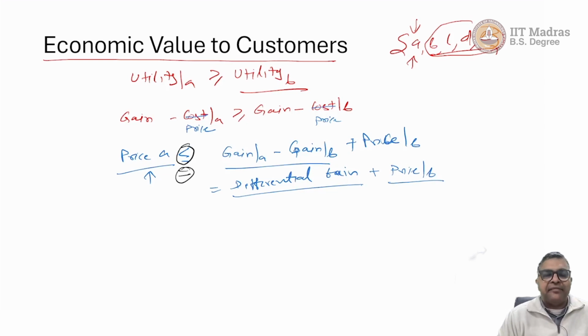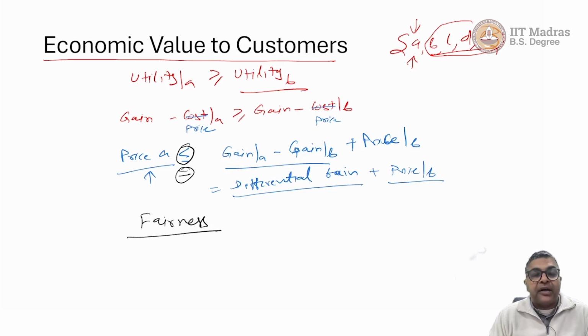There are many other factors that come into play that decide how much the actual price should be. The idea of fairness, or how new the product is, how sensitive, whether the substitutes are available or not. So all these factors play a role in deciding how the price of good A should be decided.